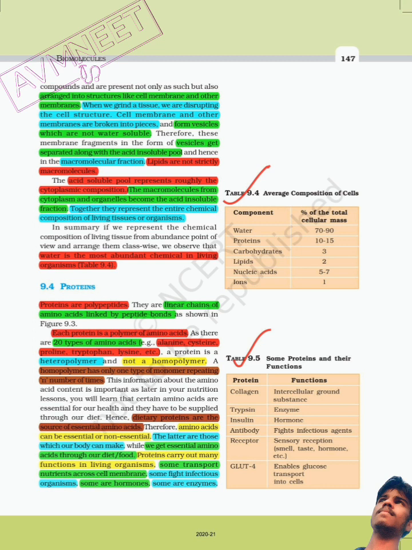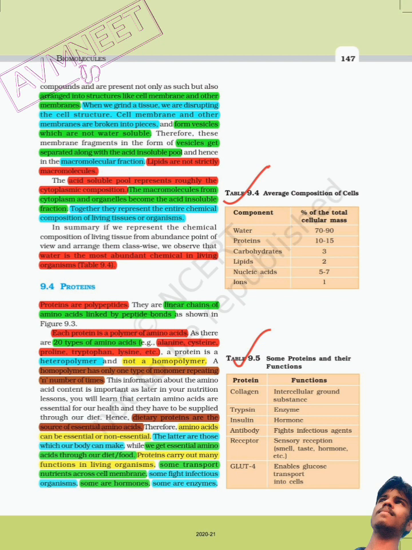When we grind a tissue, we are disrupting the cell structure. Cell membrane and other membranes are broken into pieces and form vesicles which are not water soluble. Therefore, these membrane fragments in the form of vesicles get separated along with the acid-insoluble pool and hence in the macromolecular fraction. Lipids are not strictly macromolecules.